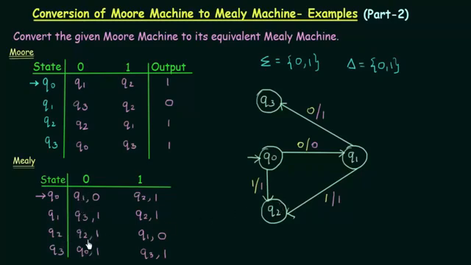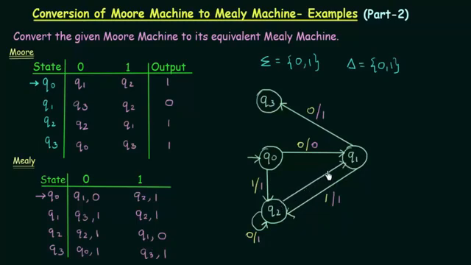Q2 on input 0 goes to Q2 itself, and what is the output that it gives? Output it gives is 1. And Q2 on input 1, where does it go? It goes to Q1.